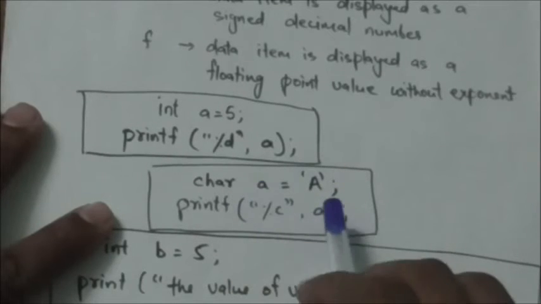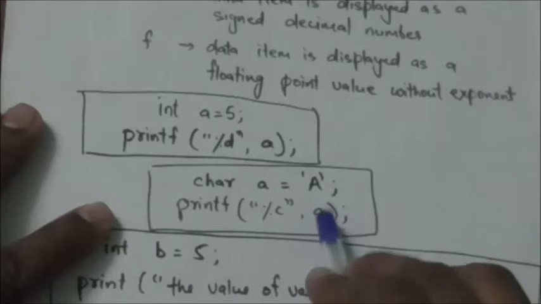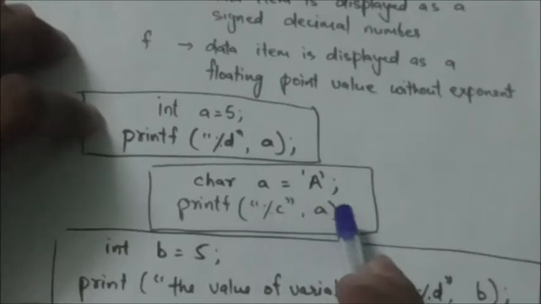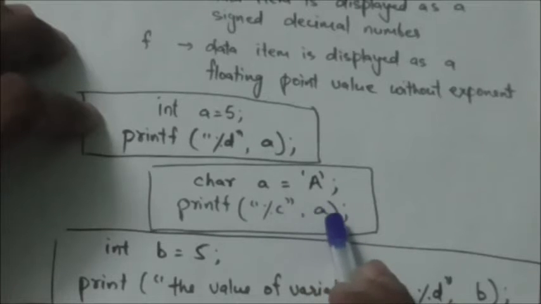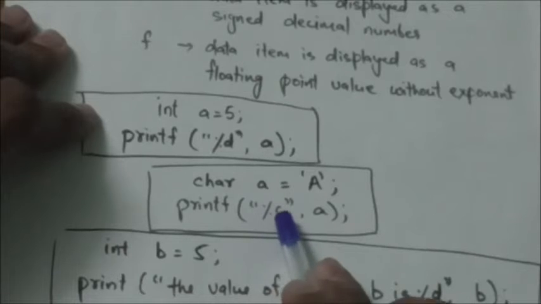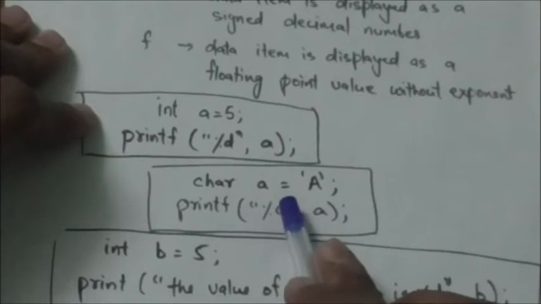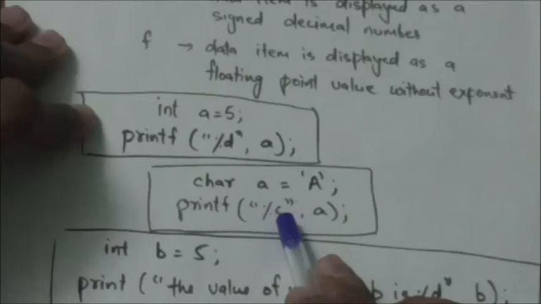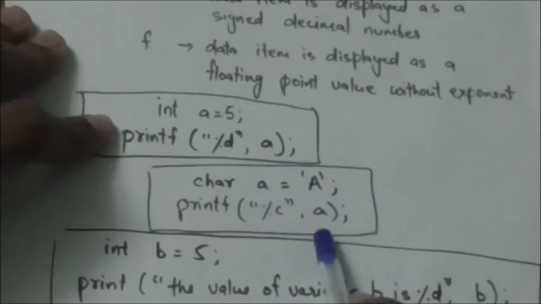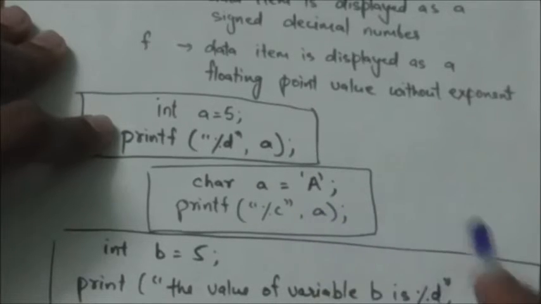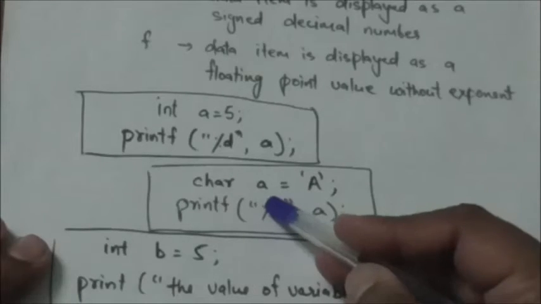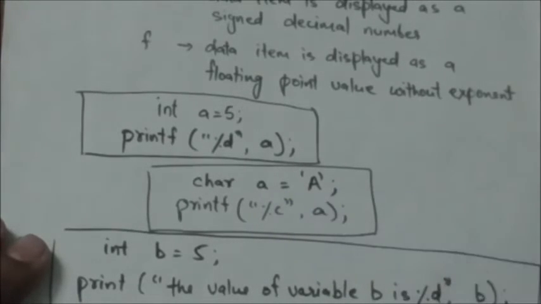Here you can see that variable a is the argument, and in the control string you can see the character group corresponding to it. This character group consists of %, followed by the conversion character c, because the data type of variable a is character. It means the data item will be displayed as a single character.